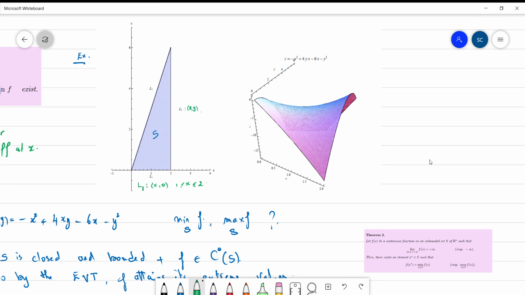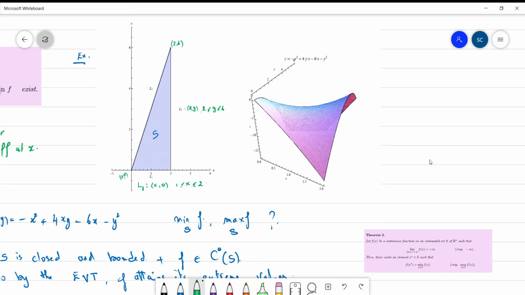Y takes values from 2 to 6, and the end point here is the point 2, 6, and this is the origin 0, 0.